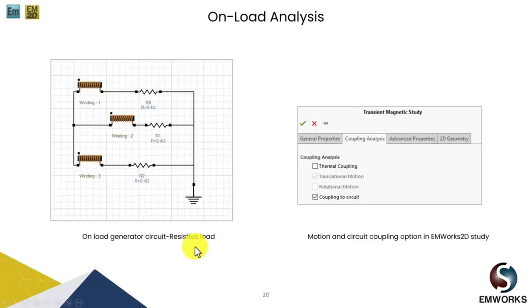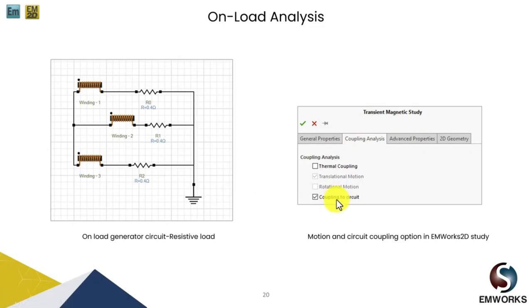Since we would like to test this model in a generating mode, it's important to connect a load across the three-phase winding. Therefore, we have connected a purely resistive load having a resistance of 0.04 ohms, and we have used this feature in our software along with the transient magnetic study. You can couple the study using circuit coupling.